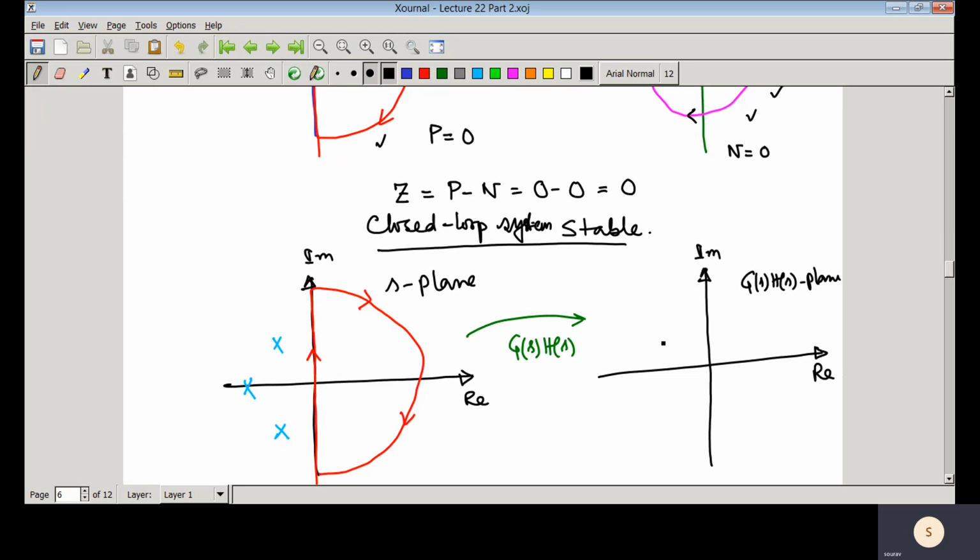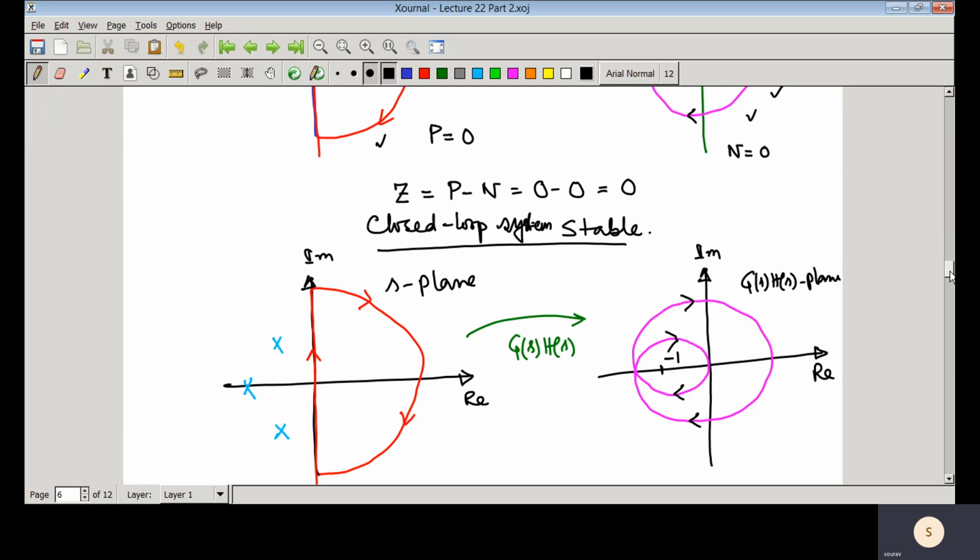So suppose we have Nyquist plot like this, and here the rotation is this one, and this is that -1 point.